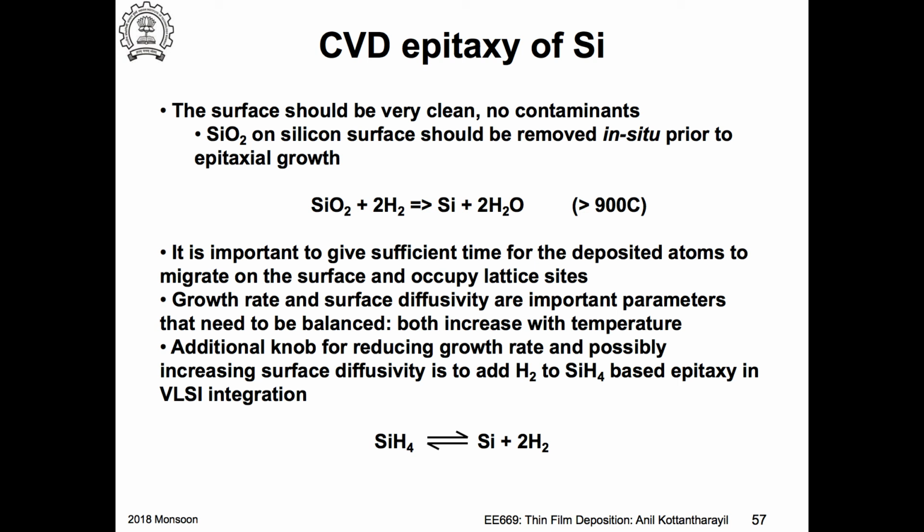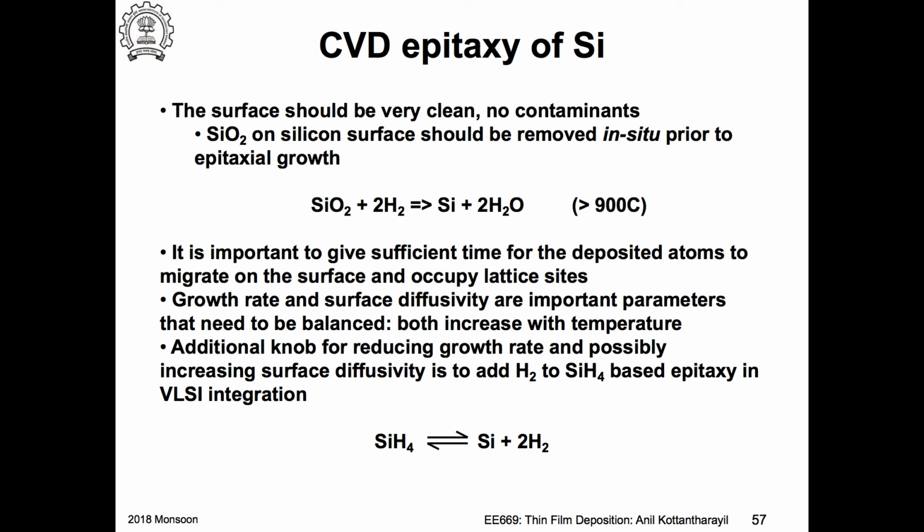Okay, so then it can help you to actually grow a good quality epitaxial layer. So this helps in 2 ways. One is that this reaction, the reverse, is emphasized by adding more hydrogen, so the effective deposition rate reduces.